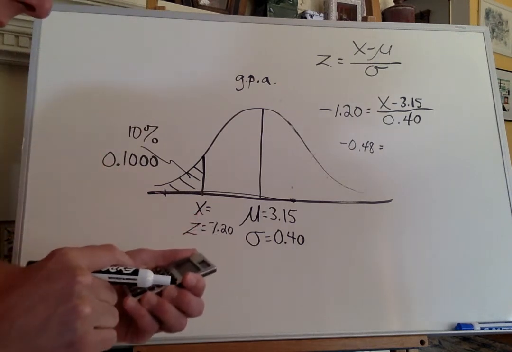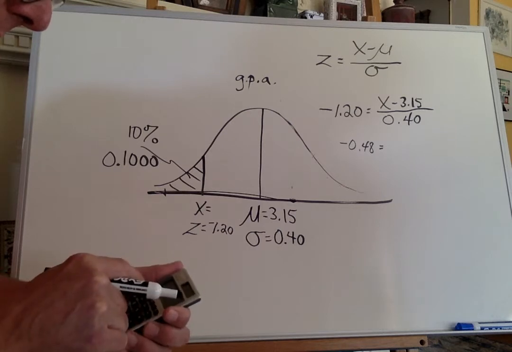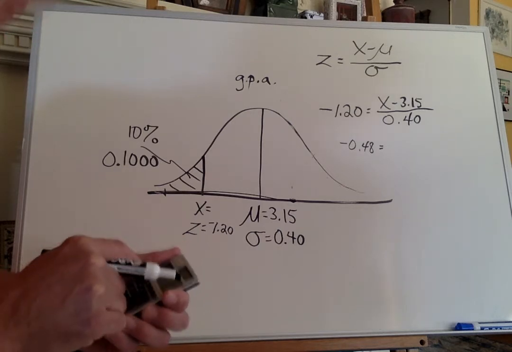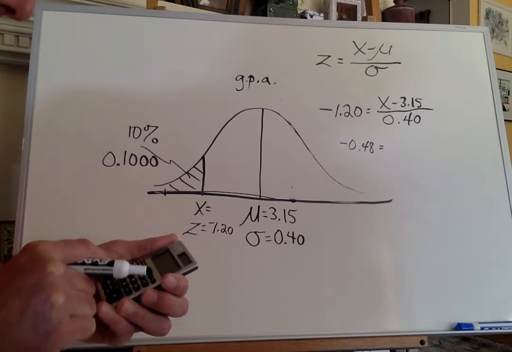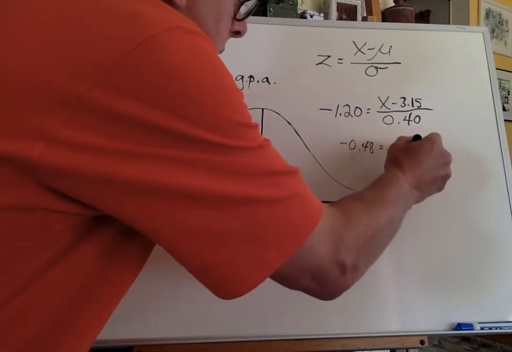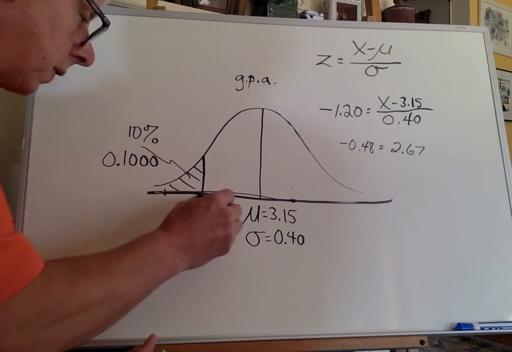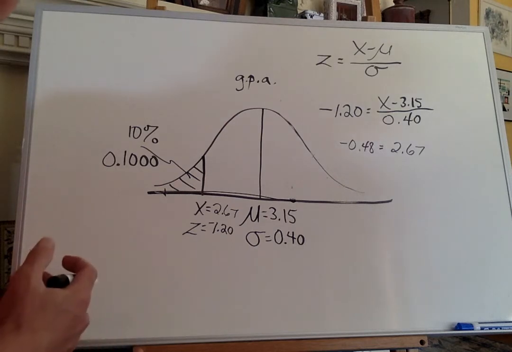And I'm going to, let's see, 3.15 minus 0.48 equals 2.67, okay? 2.67 here would be my x value. That's where you would be dismissed from the school, okay?